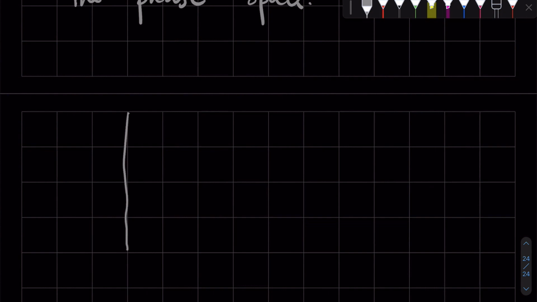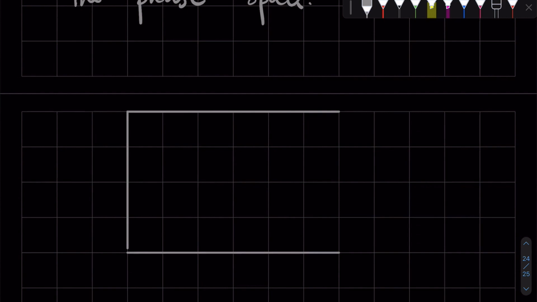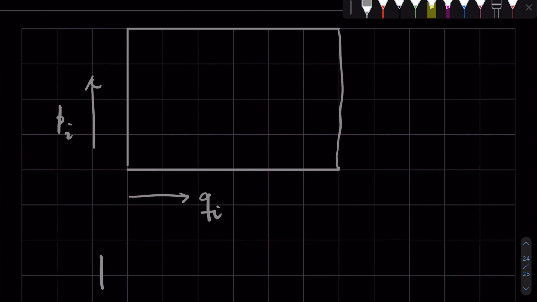Okay, so what are the extra n dimensions of phase space? Well, they are what is known as the canonically conjugate momenta. So suppose this is our phase space, and we have the generalized coordinates in this direction. So these are the QIs. Then in the other direction, we are going to have PIs. So PIs, okay, so what are these things?